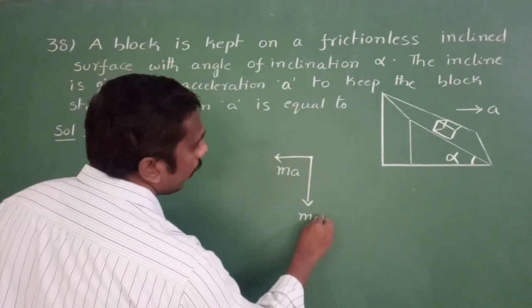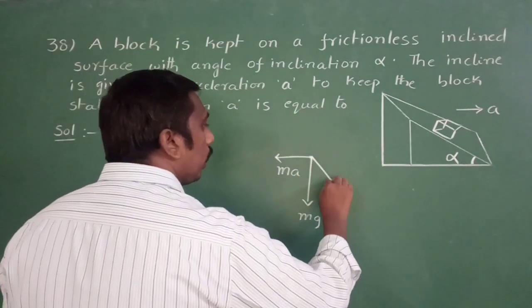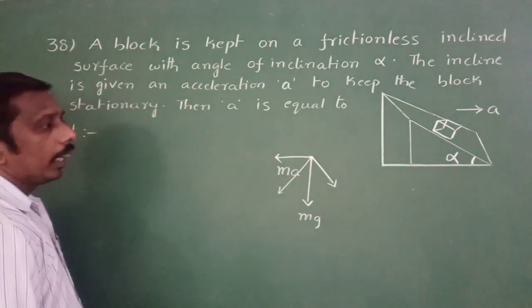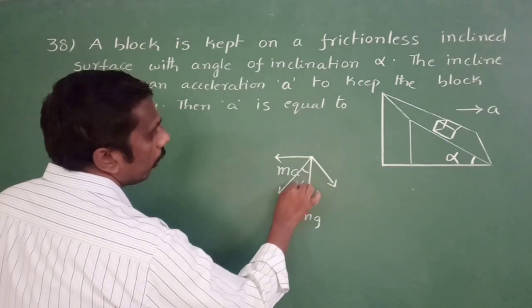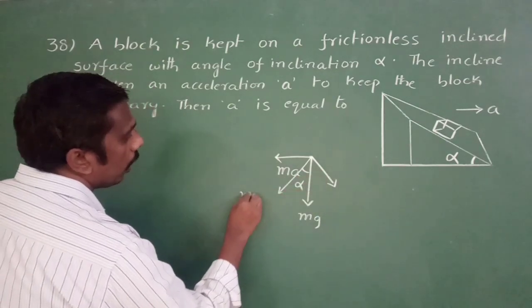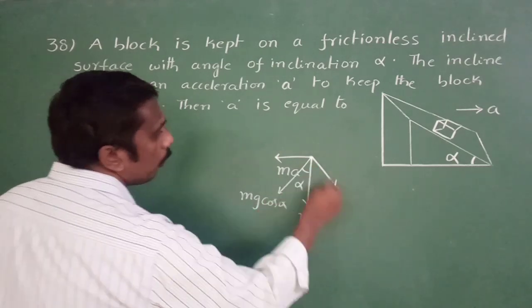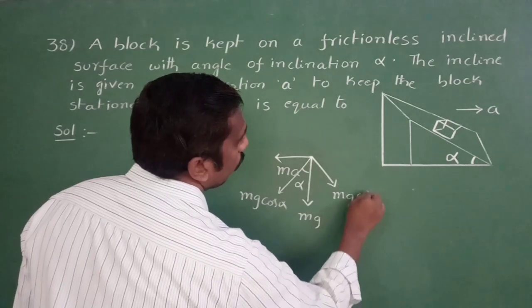You resolve this weight into two perpendicular components. One component is acting along the inclined plane and another component is acting perpendicular to the inclined plane. The component perpendicular to the inclined plane is mg cos alpha and the component parallel to the inclined plane is mg sin alpha.